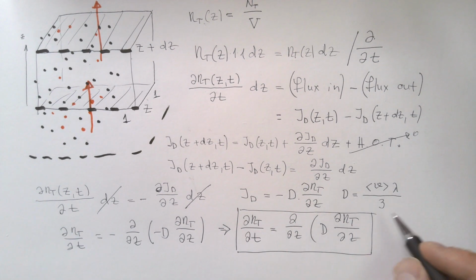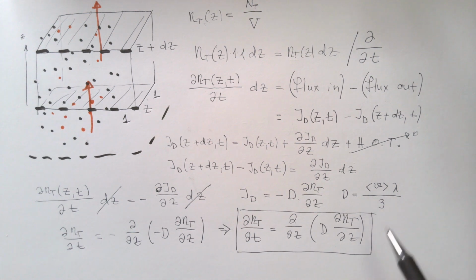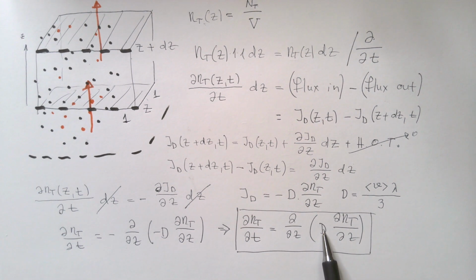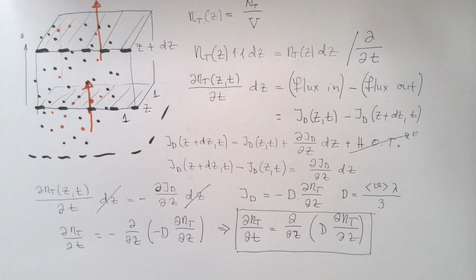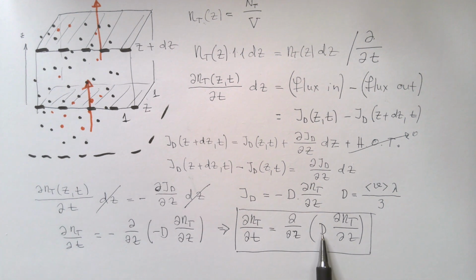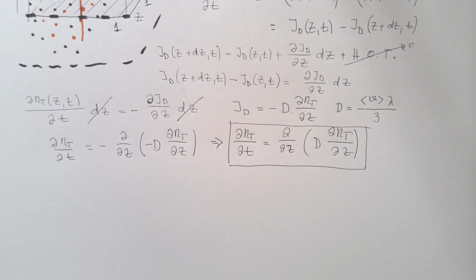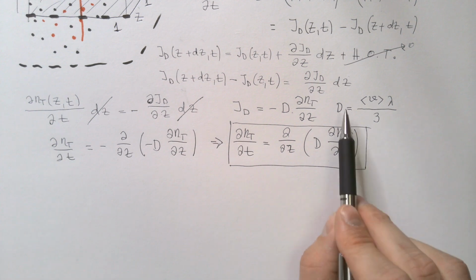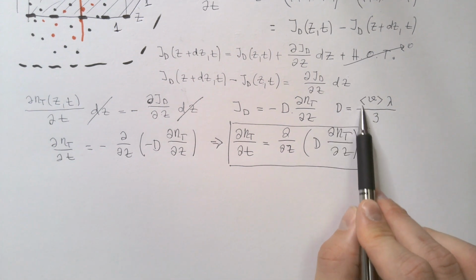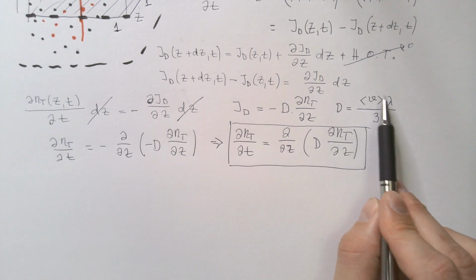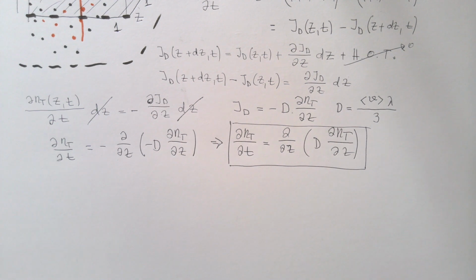So we can see, first of all, that if d has dependency on z height, we cannot move it in front of the differentiation. We could ask ourselves, is it possible that d can be function of z? And the answer is yes, of course, very much. Because d is mean speed of atoms in a gas times this mean free path.